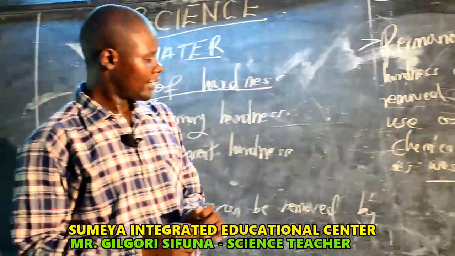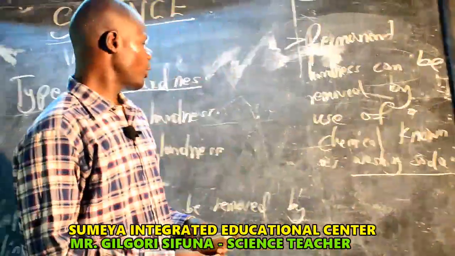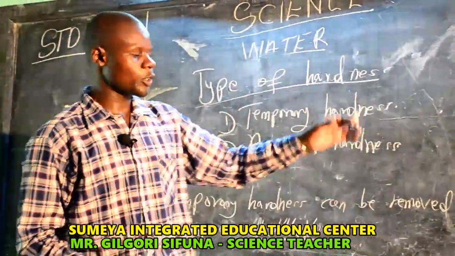Permanent hardness can be removed by a chemical known as washing soda.